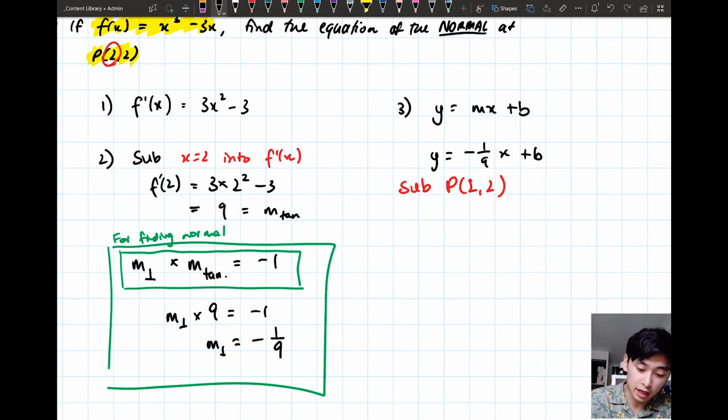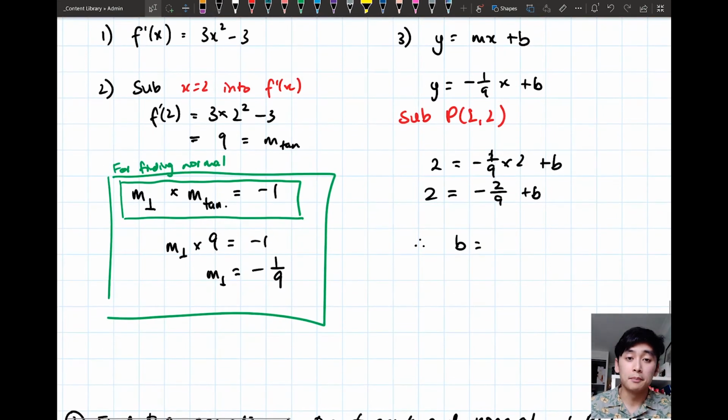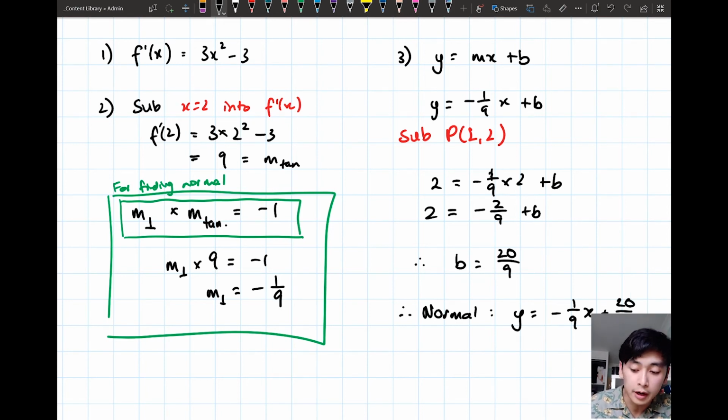So here, I'm going to get 2 = -1/9 times 2 + b. 2 = -2/9 + b. Therefore, b is equal to, and I've done this in advance, 20/9. So therefore, the equation of the normal is y = -1/9 x + 20/9. And so there we go. That's how we find the equation of my normal.